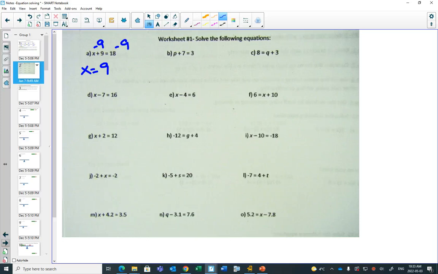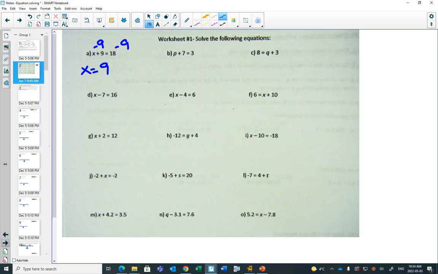Okay? And these techniques, even though right now, I bet you, almost all of you, could just do this whole page without showing any work, which is great, but you're going to find as the equations get more difficult, you're going to like the technique of combining your like terms and showing your work. For example, sometimes it's not easy to do the math in your head. Like if you go to O, O has decimal places.